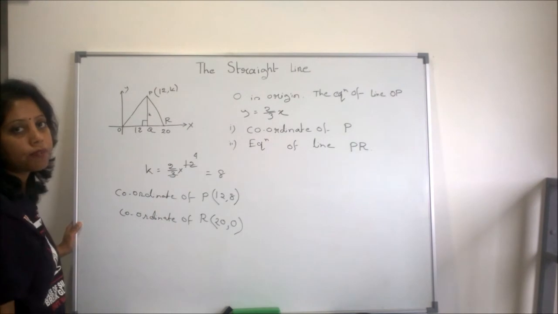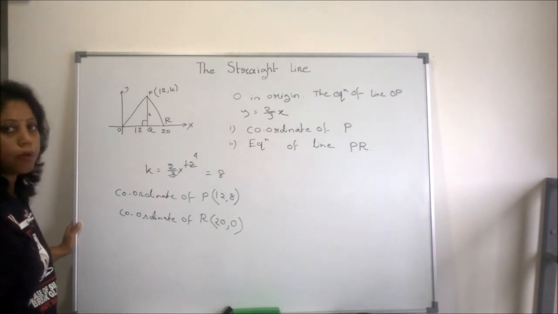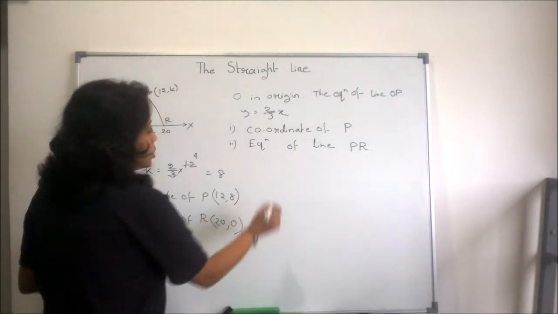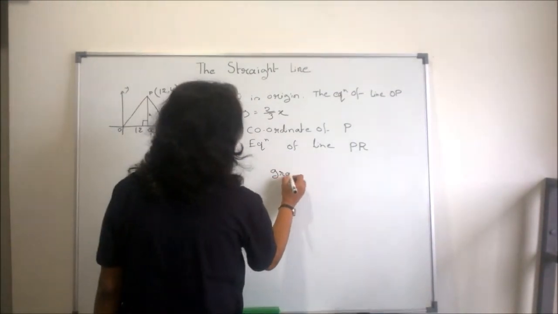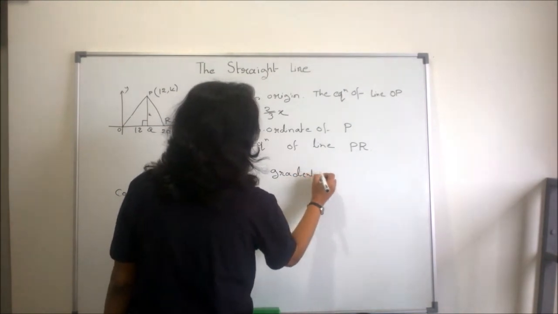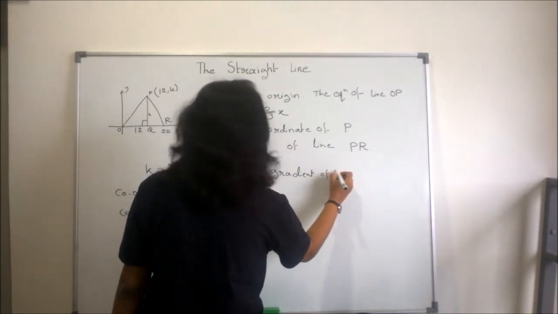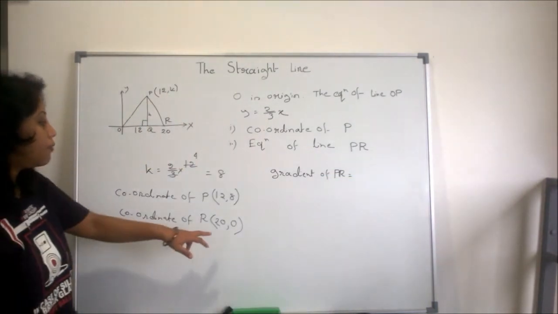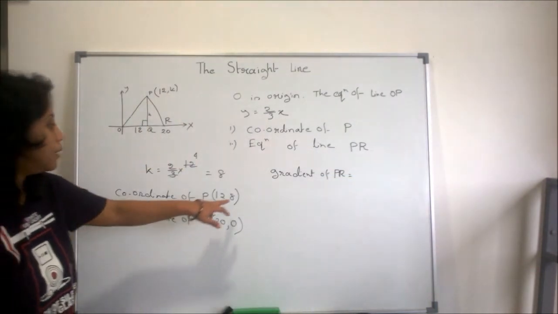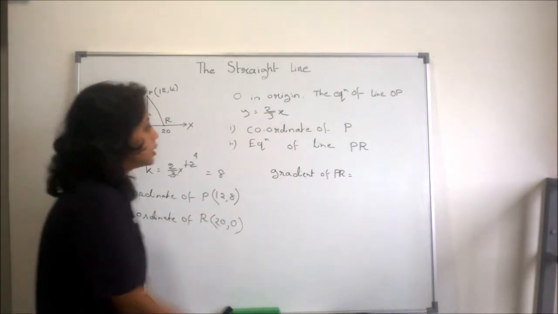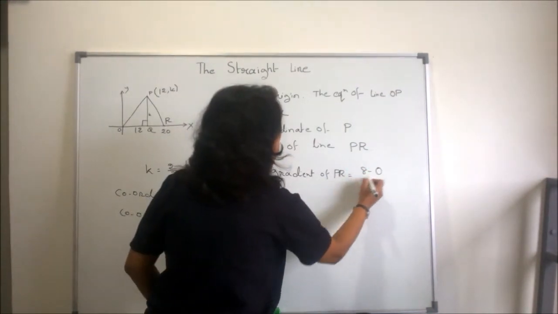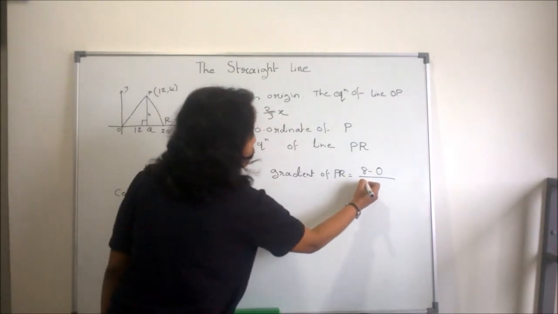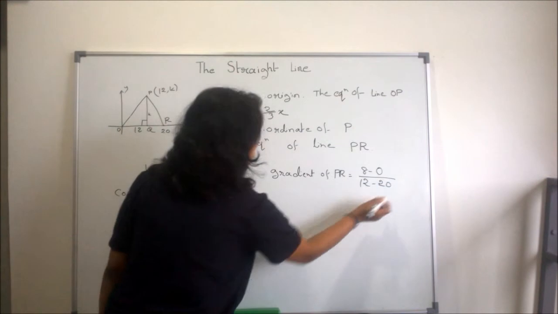From here we can find out the gradient. From the coordinate system we can find out the gradient. So the gradient of PR, what we know about it? Difference between y, that is 8 minus 0, by difference between x, that is 12 minus 20.